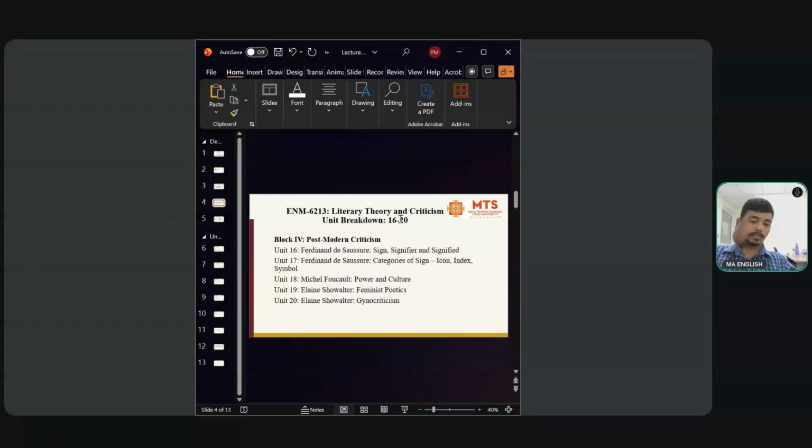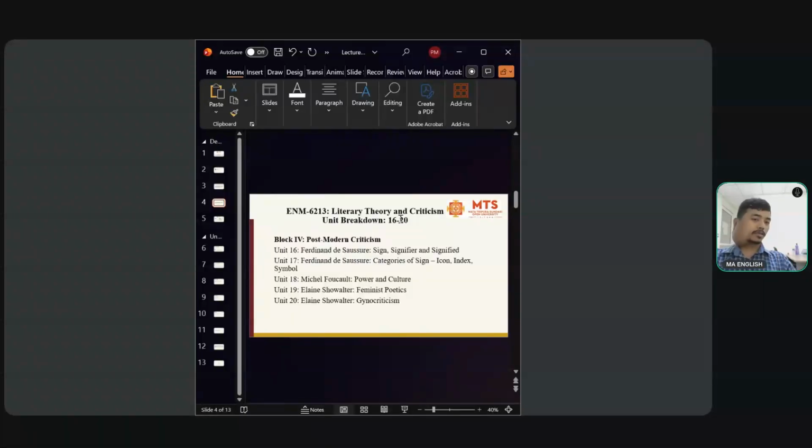Now let's move on to the unit breakdown of block four of Literary Theory and Policy. Unit 16 deals with Ferdinand de Saussure, the signifier and the signified. Unit 17 deals with categories of sign: icon, index, or symbol, and so on.